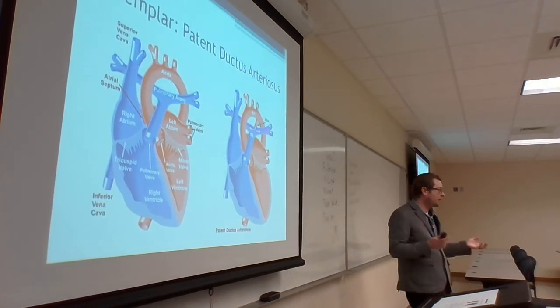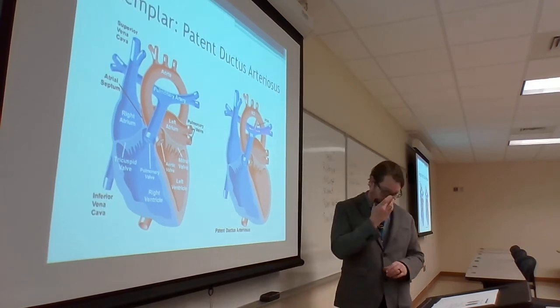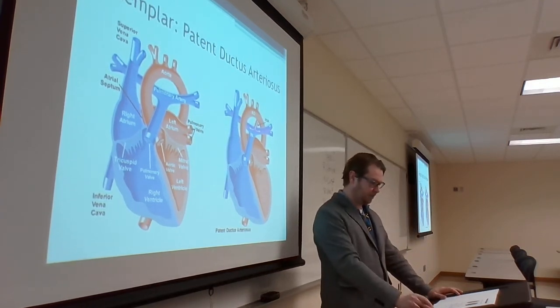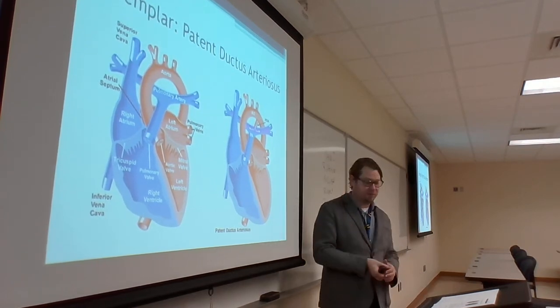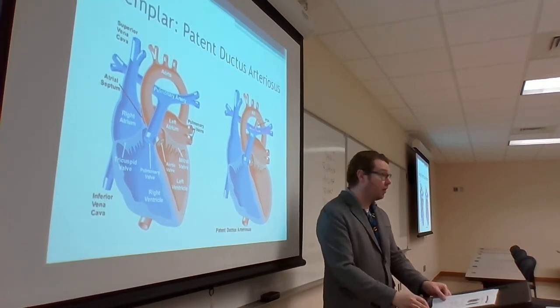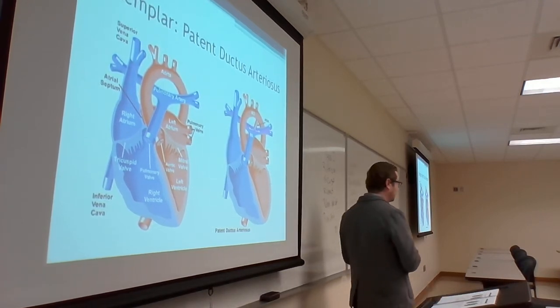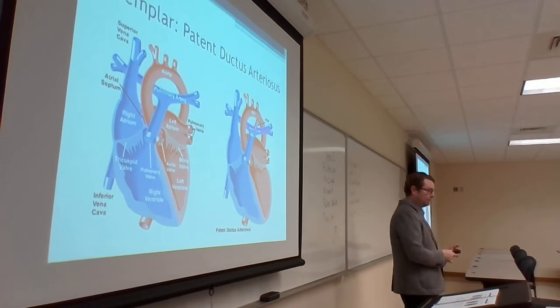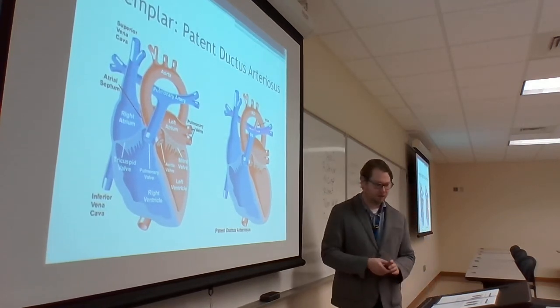And where is that blood going to go? The lungs. Right? So we have some oxygenated blood shunting through the PDA. And then all of a sudden our lungs are getting extra fluid. Does that make sense, how they're getting the extra fluid? You get it? Good.